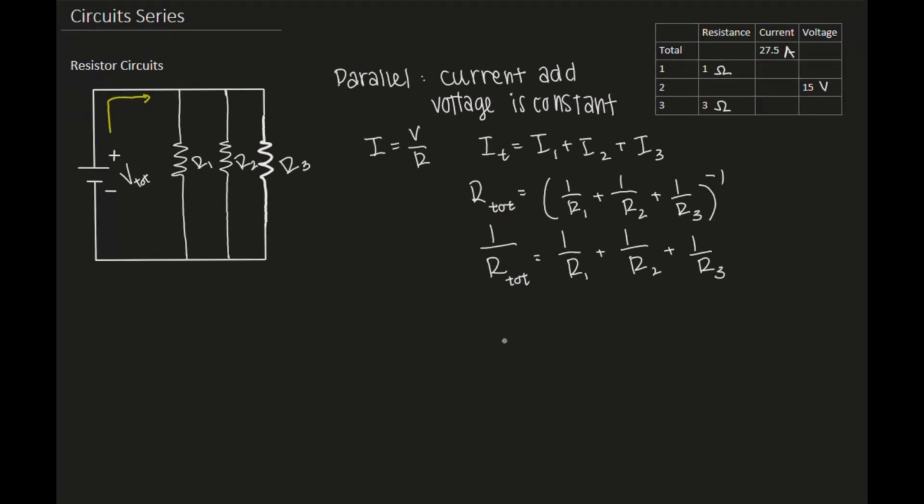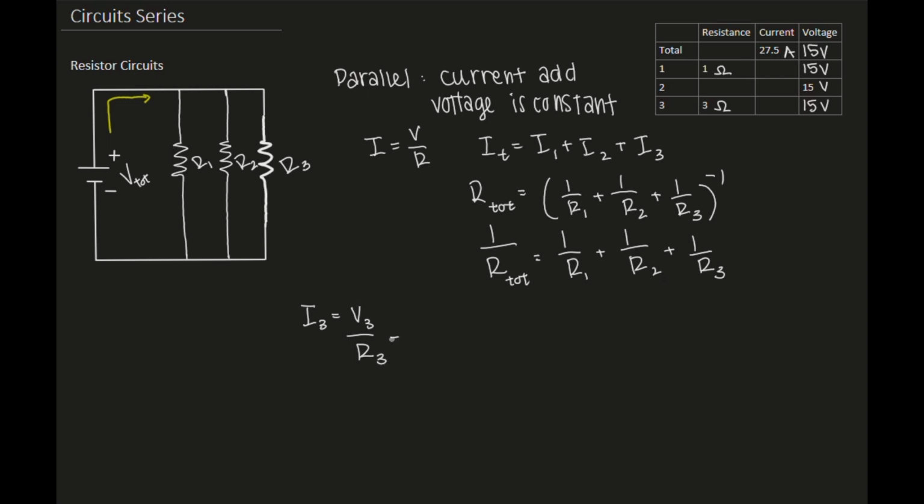Using this, we can fill in the missing pieces of our table. If the voltage is constant across this entire circuit, then it's 15 volts everywhere. Then I can use Ohm's law to fill in the missing pieces. The current at 3, I3, is equal to V3 over R3.